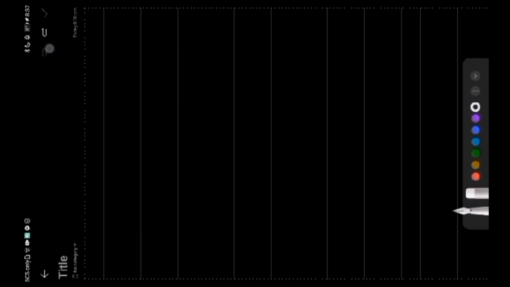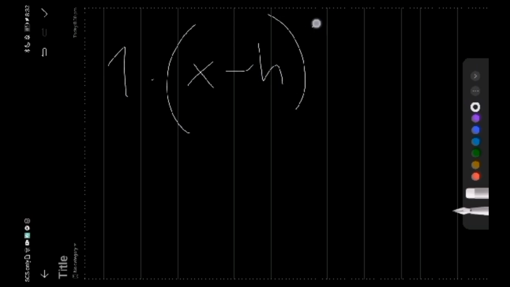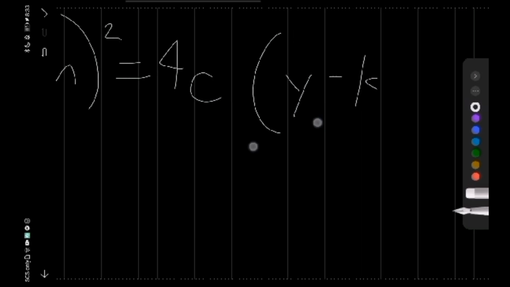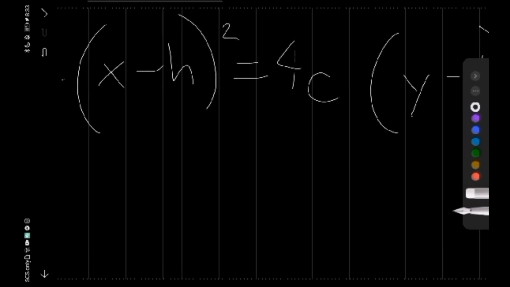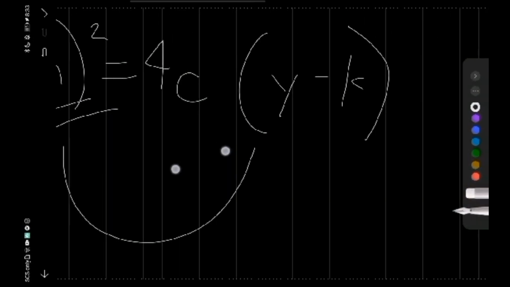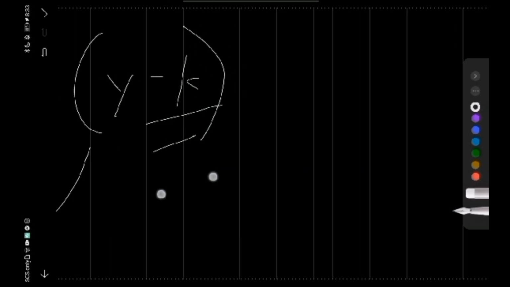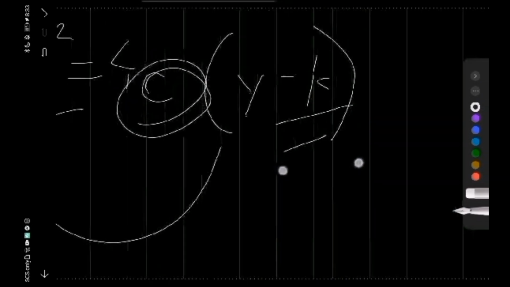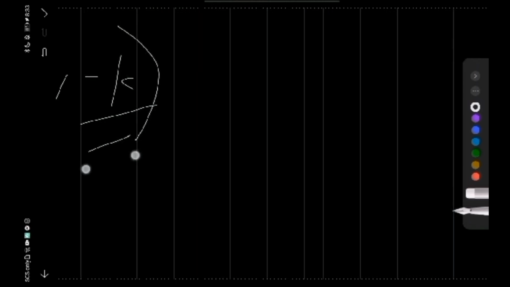Number 1 is (x minus h) squared equals 4c(y minus k). This is a parabola that opens upward. The vertex is at point (h, k), and the value of c tells us how far the focus and directrix are from the vertex.